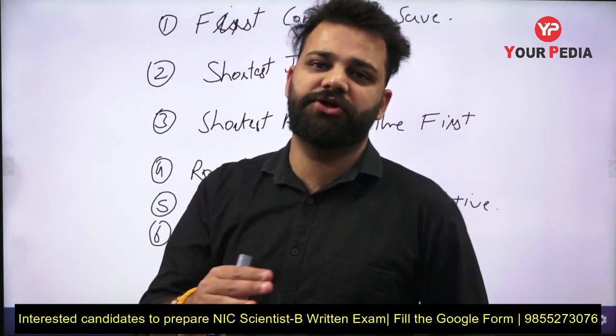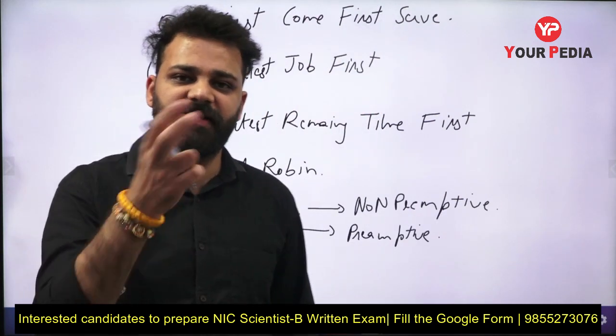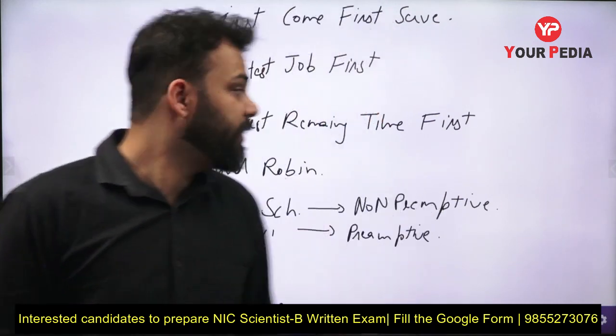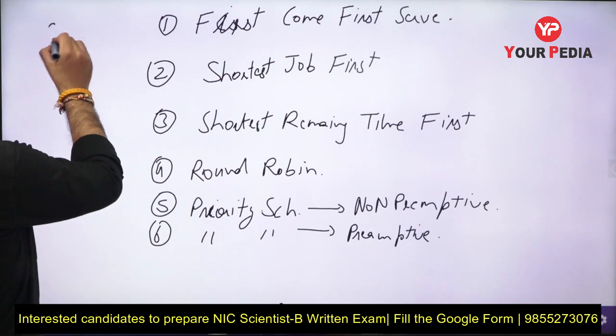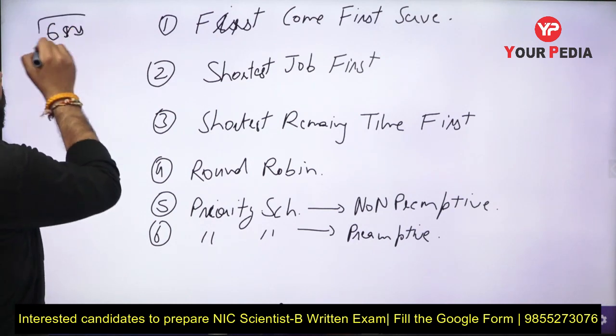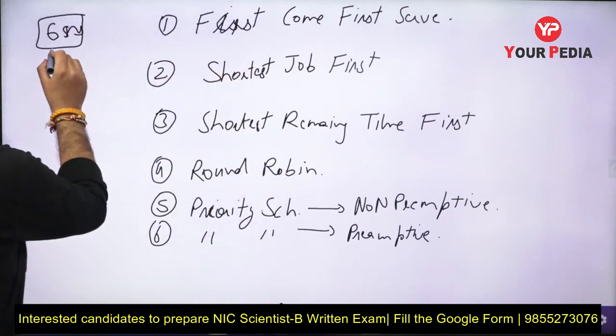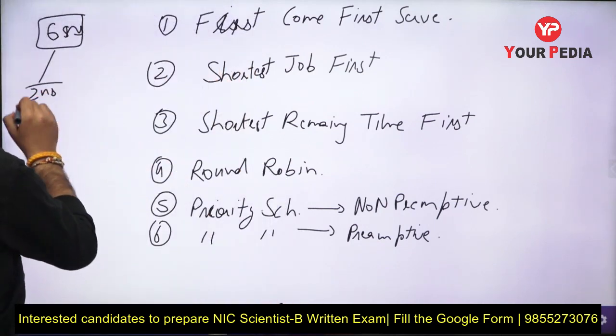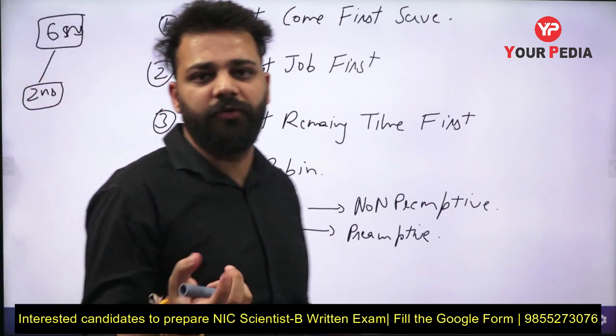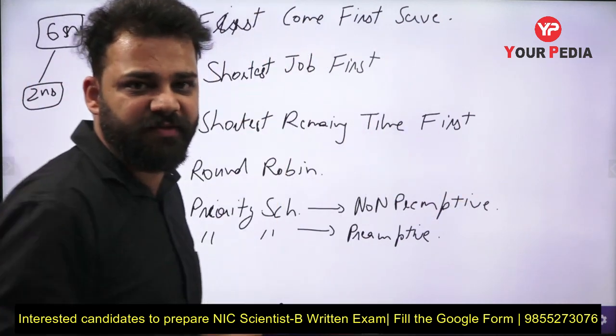Now what is preemption and what is non-preemption? Let's say that a job enters the CPU and it gets the processor and starts executing. Let's say the job needs 6 nanoseconds of CPU, and when it has been executing for 2 nanoseconds, a new job comes into the CPU which has higher priority than the previous one.